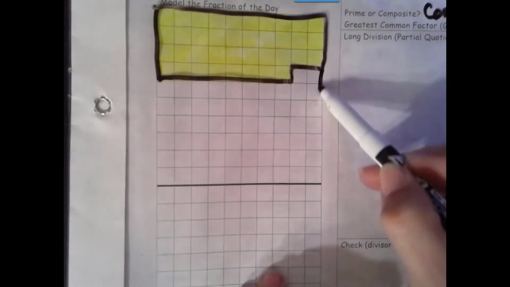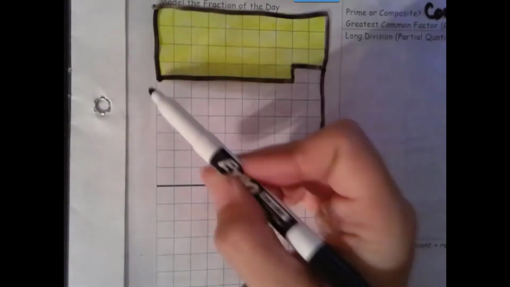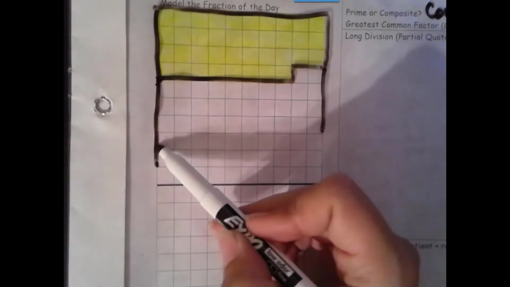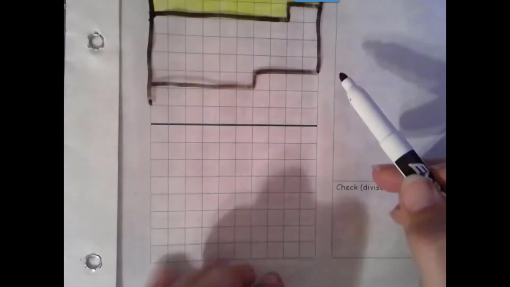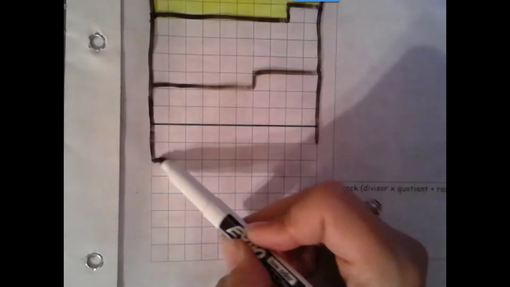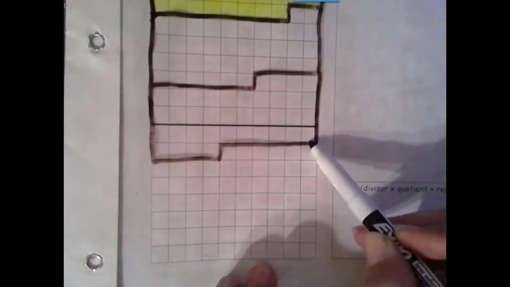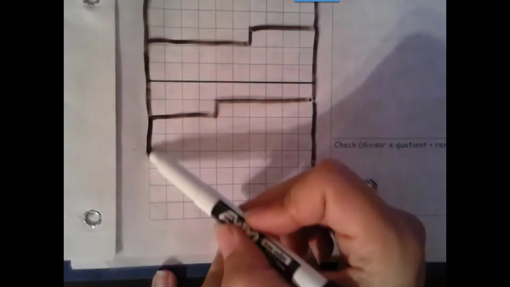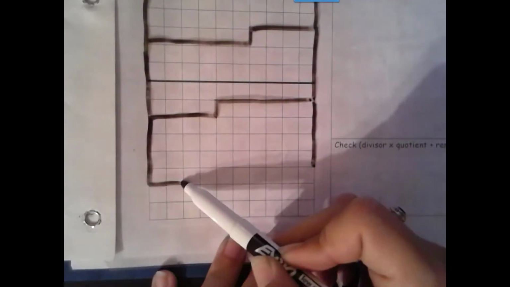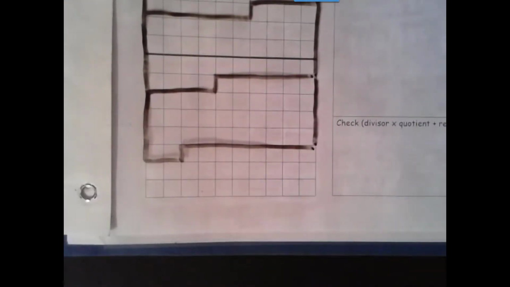So I have 2 plus 30 is 32, plus 6 is 38. 4 plus 30 is 34, plus 4 is 38. 6 plus 30 is 36, plus 2 is 38. And I'm left with 28. So that means 38 is not a factor.